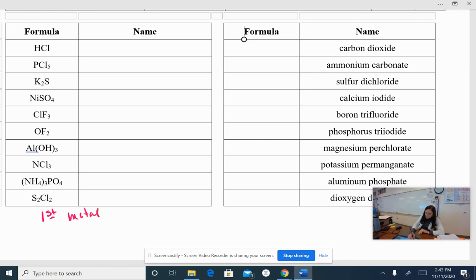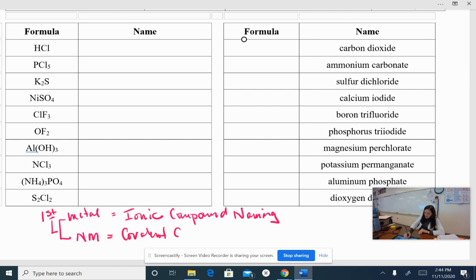If it's a metal, you're going to use your ionic compound naming. But if that first element is a nonmetal, you're going to use your covalent compound naming rules.